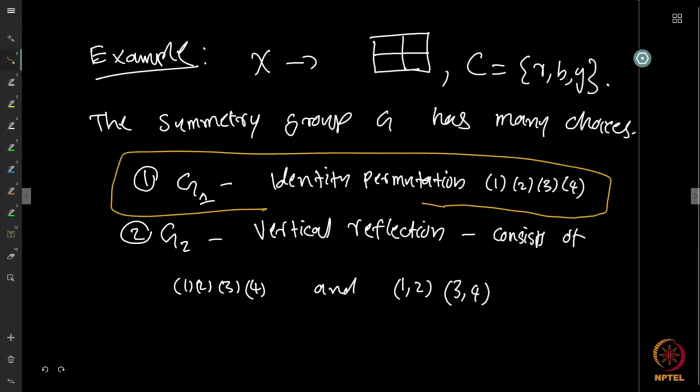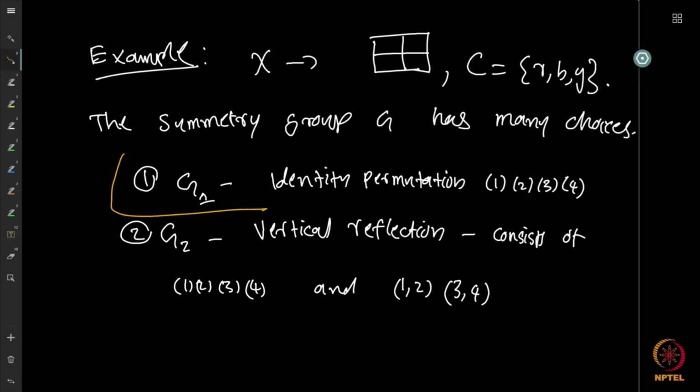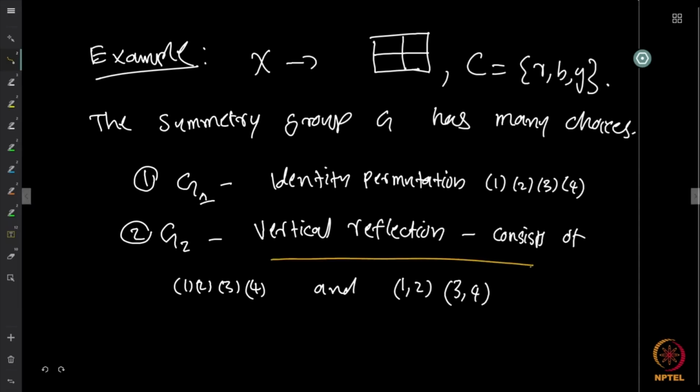So what is the identity permutation? 1 goes to itself, 2 goes to itself, 3 goes to itself, and 4 goes to itself. So all the elements go to themselves. Then G2 is basically the vertical reflections.